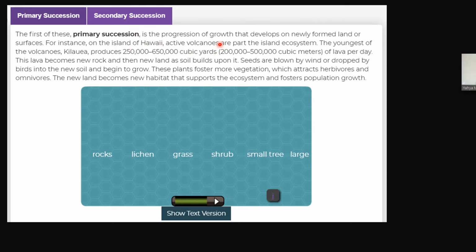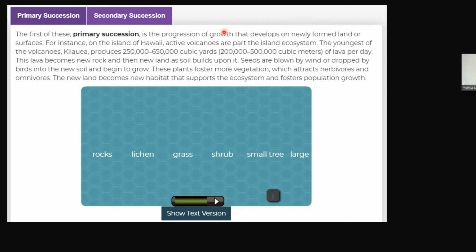When the lava comes out and cools, it forms a new piece of land. There's nothing living on that land right now. There are no plants, no animals, because this rock was just formed from cooled lava.